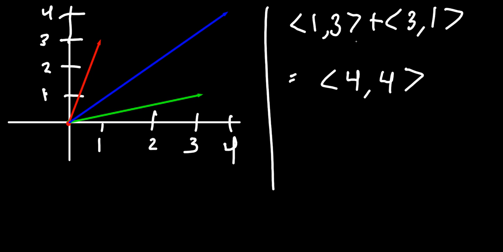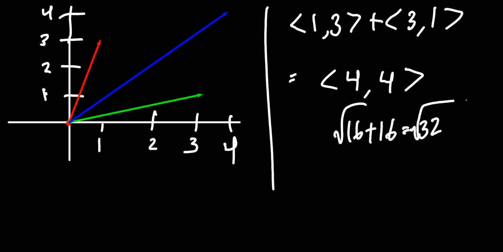But if you use this vector here, you have the square root of 16, which is 4 squared, plus 16, which is equal to 32 under a square root. So essentially, 4 root 2 is going to be the magnitude.